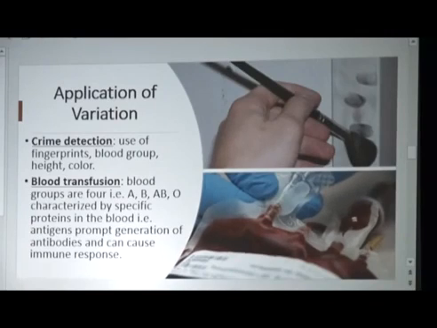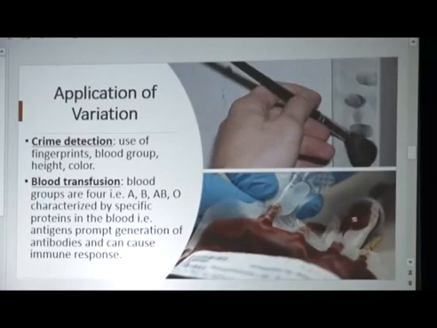It is also useful in blood transfusion. Like I told you, the blood groups are A, B, AB, and O. If someone needs blood, the person that needs blood is the recipient. The person that wants to donate the blood is the donor. Now, the blood group of the recipient must match that of the donor.